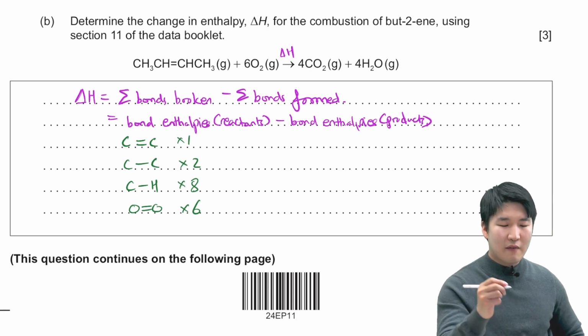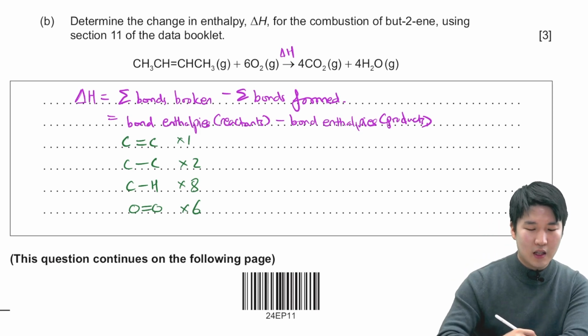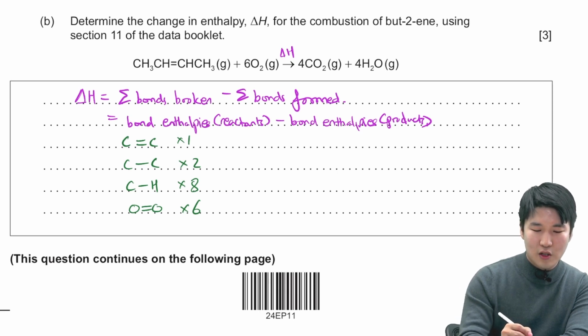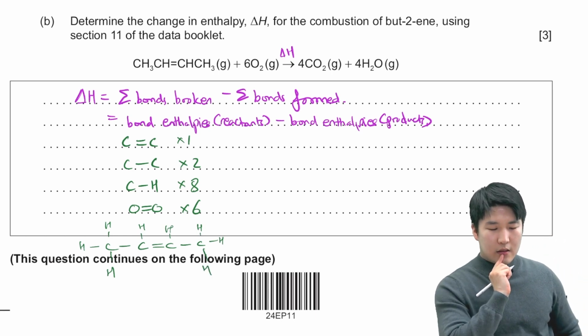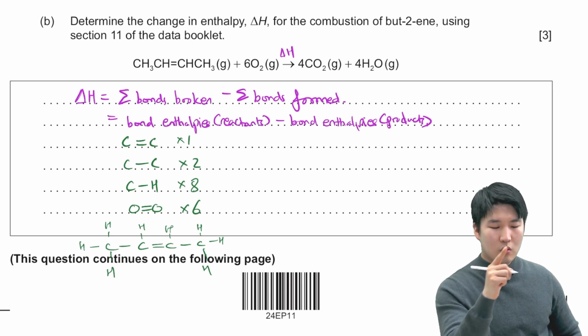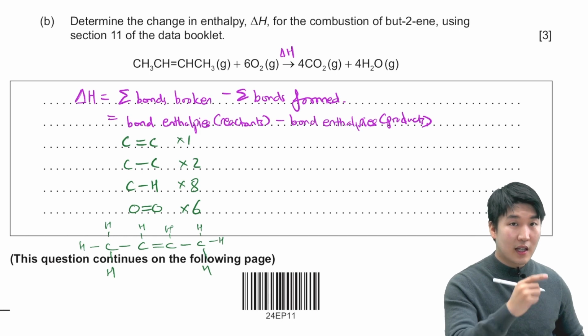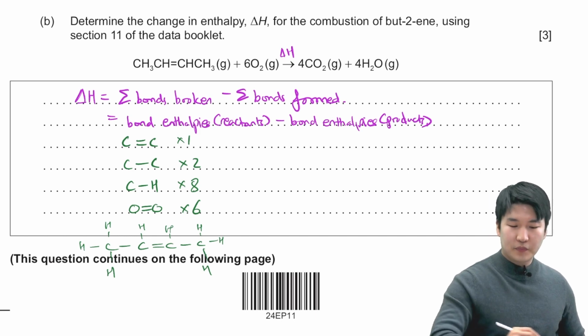Let's make sure that we have not left out any bonds for butene by actually drawing butene. 8 carbon to hydrogen singles, 1 carbon to carbon double, 2 carbon to carbon singles. We have not omitted any bonds.